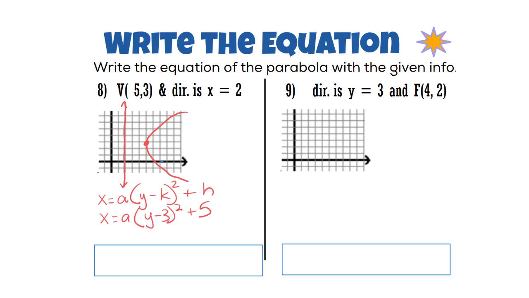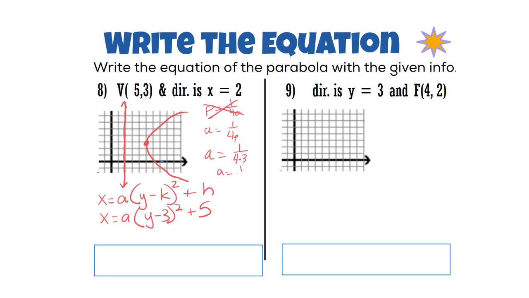And you have 2 options. You can do p is equal to 1 over 4a, or a is equal to 1 over 4p. Since we know p is equal to 3 in this case, I feel like it would be easier to use the bottom version. To figure out the a, it'd be 1 over 4 times 3.